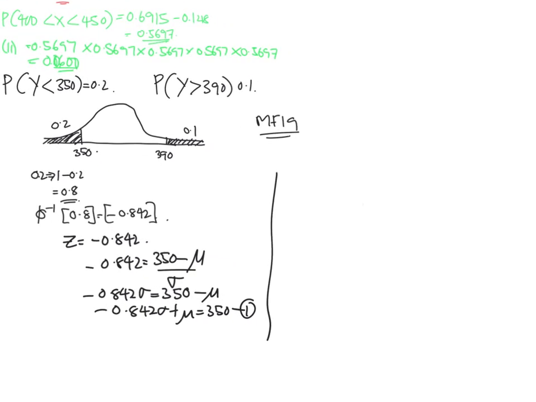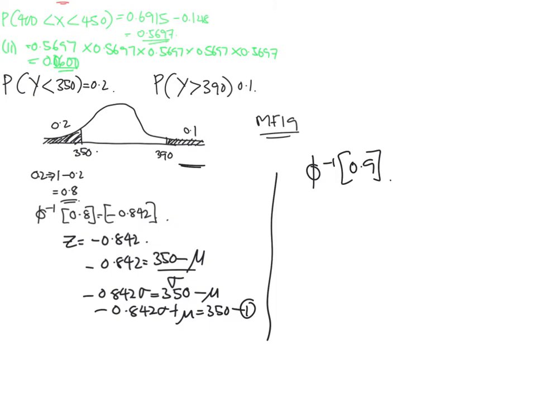On the right we have 0.1, so I have to find what that is, that's 90%. So use the calculator. Before that, look at phi inverse of 0.9, not 0.1.